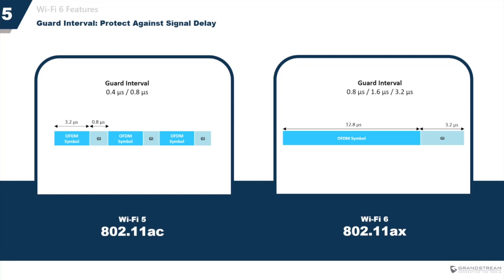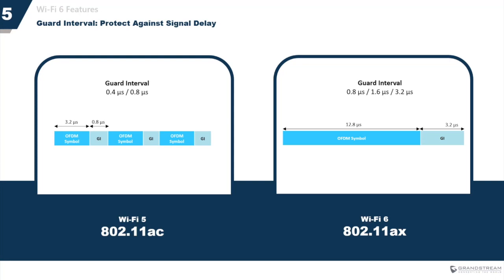transmission. Wi-Fi 6 now offers 3 guard interval options, 0.8, 1.6, and 3.2 microsecond. Not only that, but it also increased symbol duration 4 times as shown in the slide. Longer symbol durations can be very helpful in outdoor deployments where the delay spread is usually larger than indoor places.